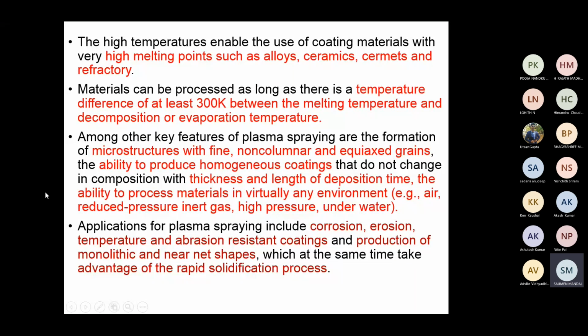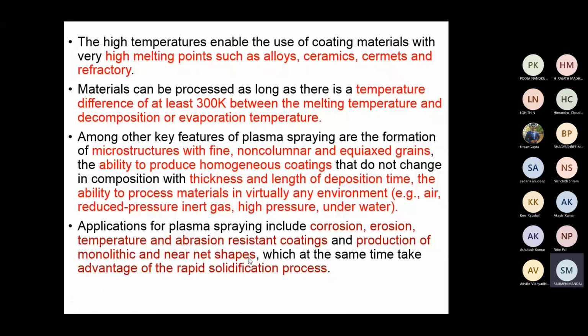And there is the ability to process material in virtually any environment, like air, reduced atmospheric pressure, high pressure, or underwater. This means different environments can be used for the deposition. Applications for plasma spray include corrosion, erosion, temperature, and abrasion resistant coatings, and production of monolithic and near net shapes. Monolithic means a single layer.